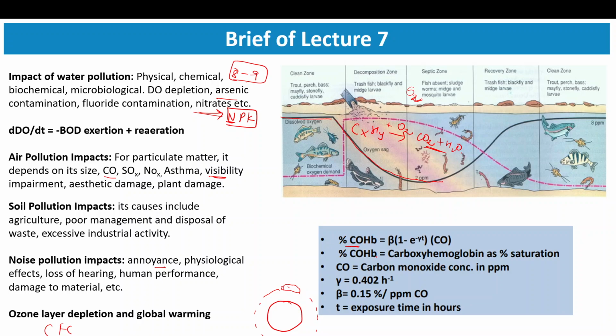So in that case, we need to know how much carbon monoxide we are inhaling and what sort of damage it can cause. There is a relation by which we can measure how much carbon monoxide is present in our body, and how much carbon monoxide has reacted with hemoglobin to form this saturated compound, right?